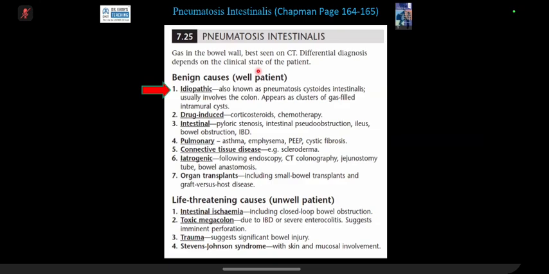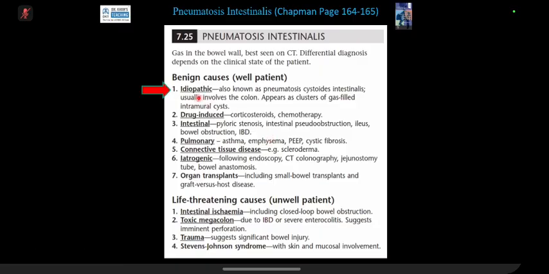Now, it all depends. Pneumatosis intestinalis, when there is gas in the wall, depends on the clinical state: an unwell patient versus a well patient. And there are so many things in which you can see gas there, sort of incidental.